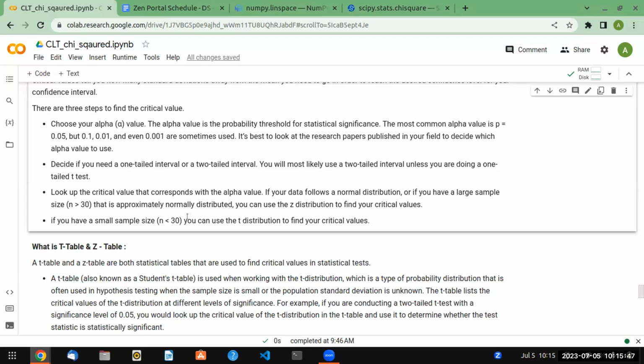So because of that, I am supposed to use T table, right? Correct. That means you don't know your distribution. But when you know your distribution and your sample size is greater than 30, you can go for Z table. So if I know my distribution is normally distributed and the size is greater than 30, that is fine. If it is something other than the normal distribution, like uniform, then I am supposed to use T table.